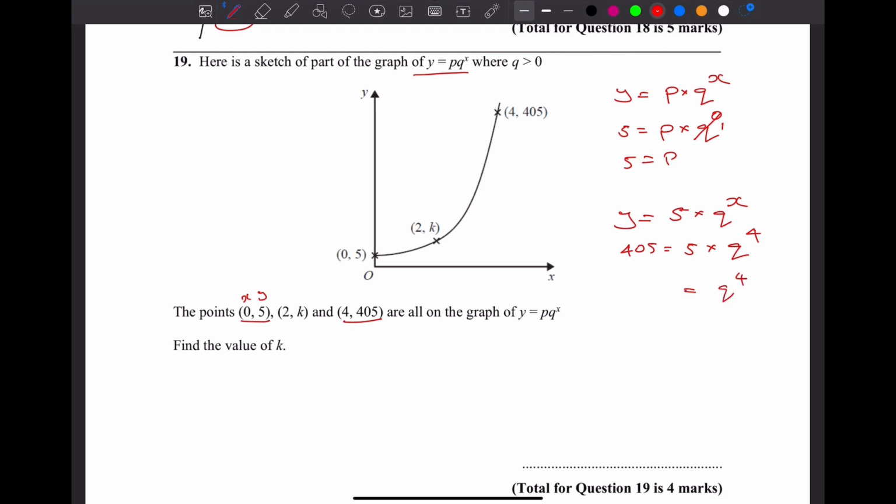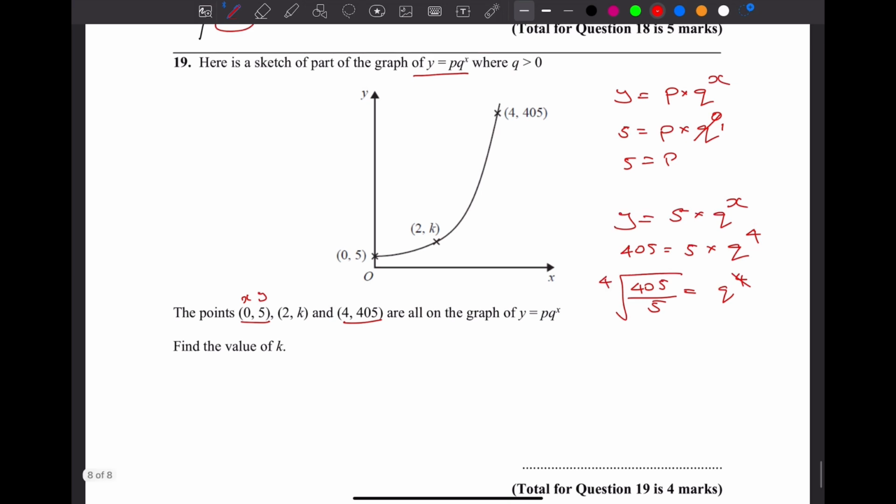Q to the power 4 is 405 divided by 5, so take the fourth root, and 405 divided by 5 is 81, which makes q 3. So y equals 5 times 3 to the power x.